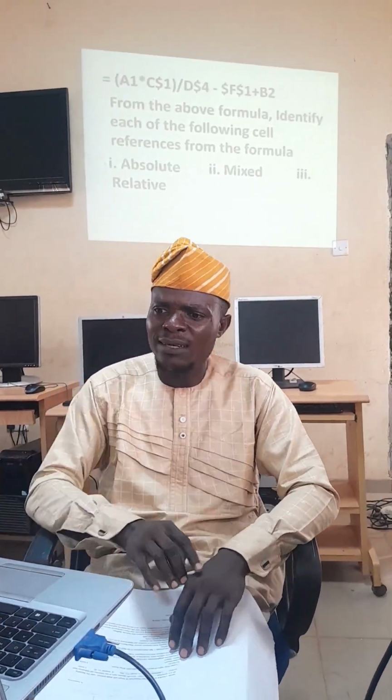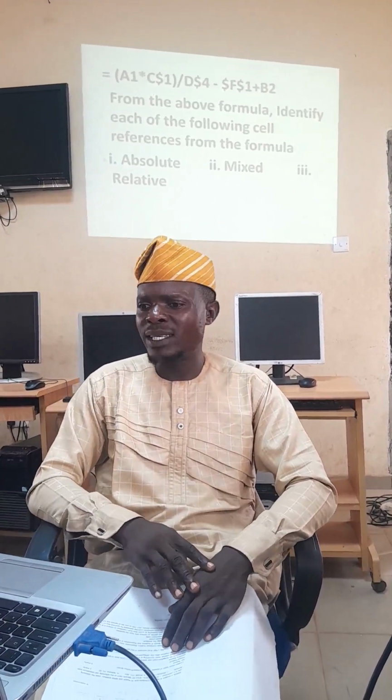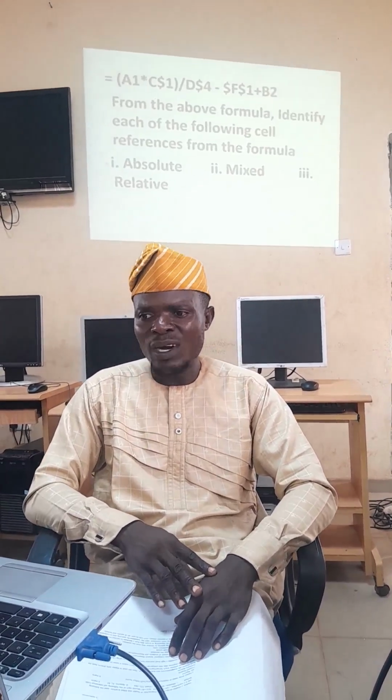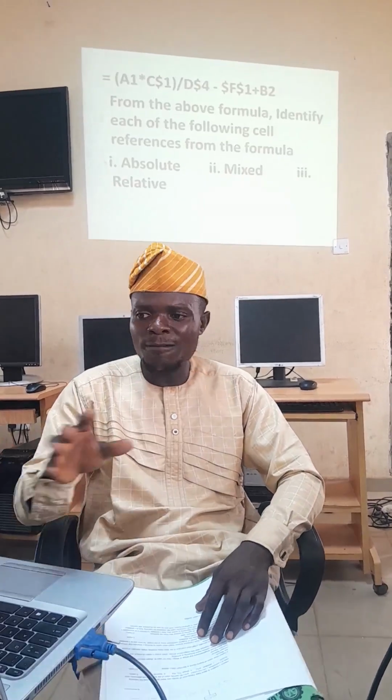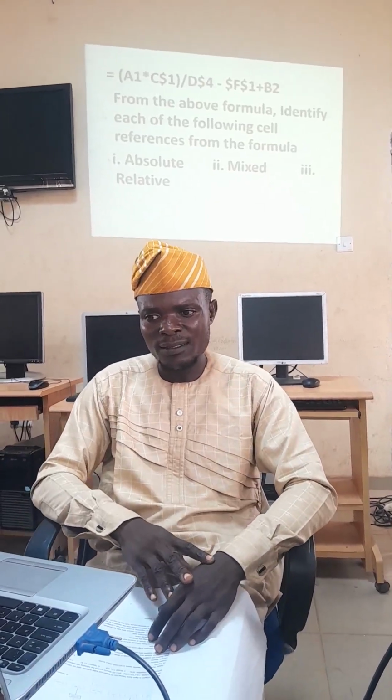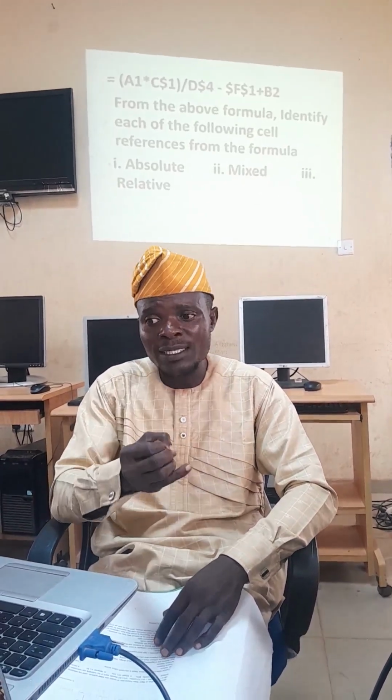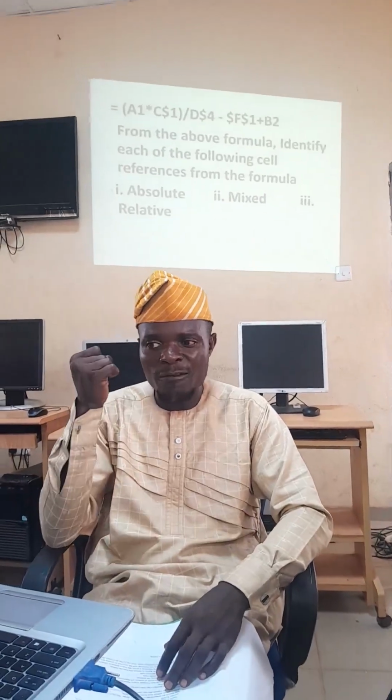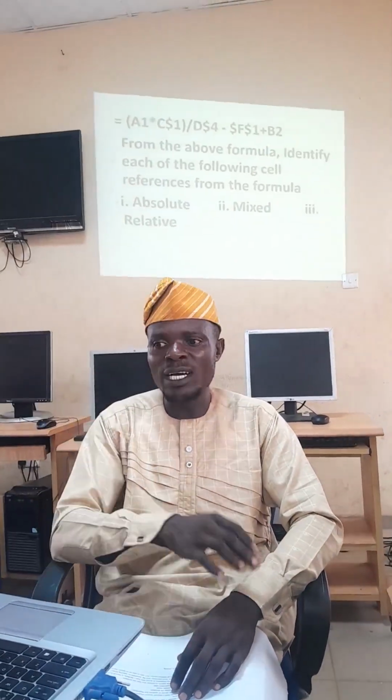You can see it from the screen. From this diagram, we are expected to identify the following: we have absolute reference, we have mixed reference, and we have relative reference.